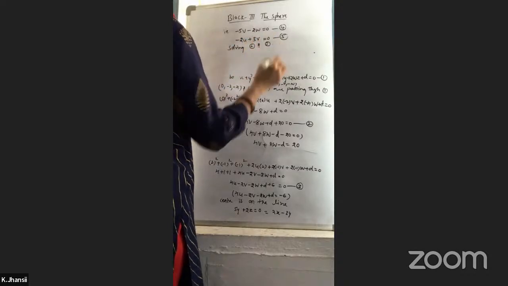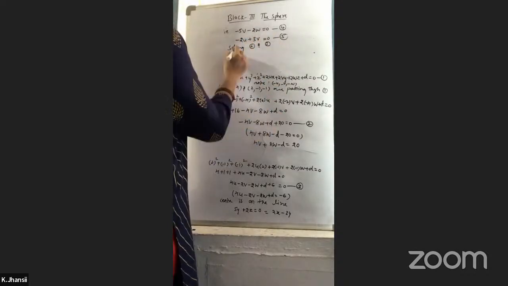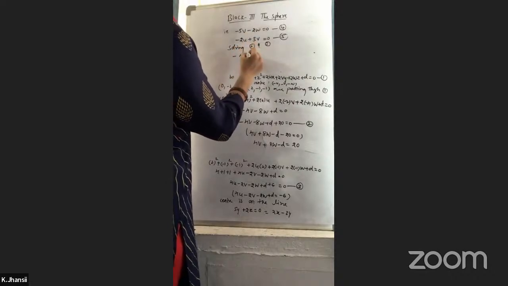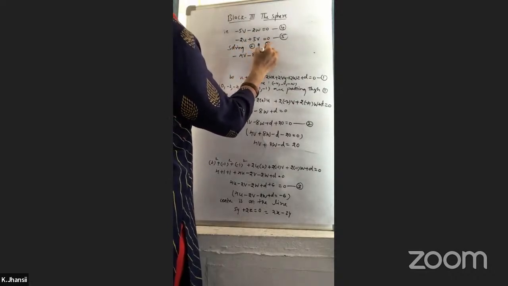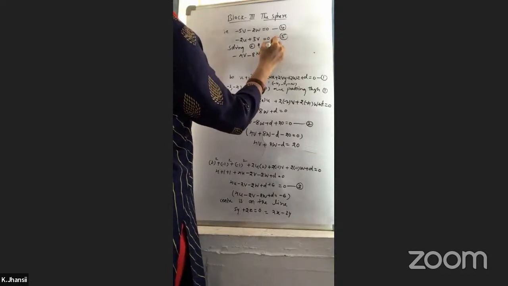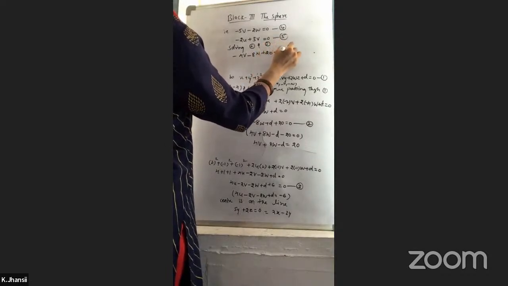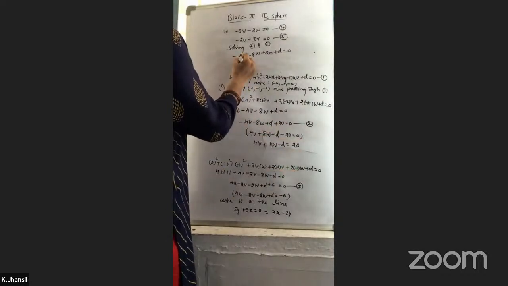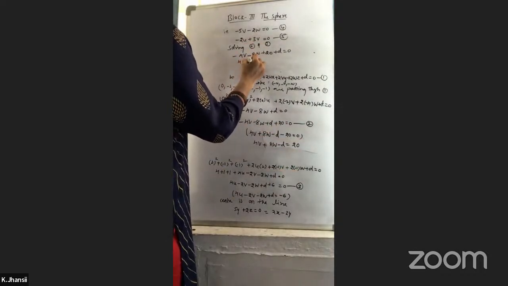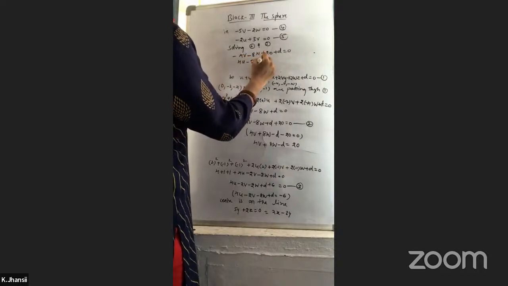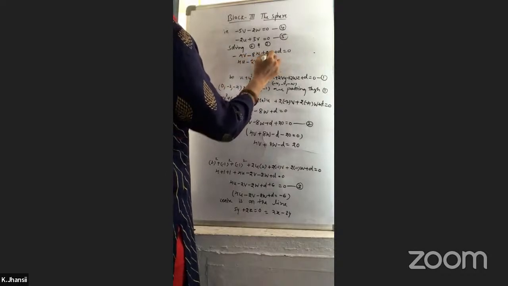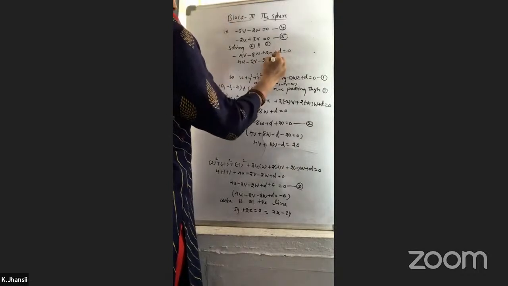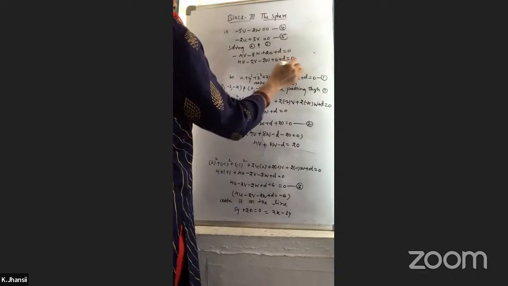And 3 is 4U minus 2V minus 2W plus D plus 6 equals 0.